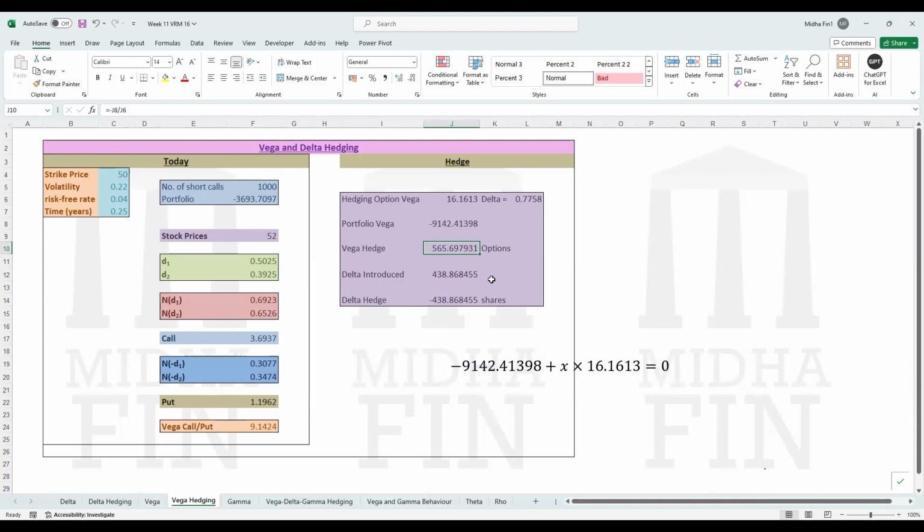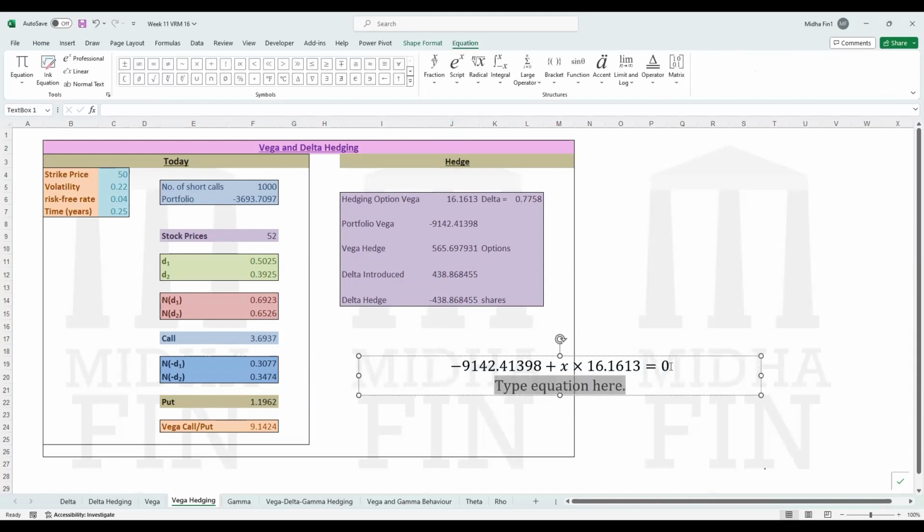Now the moment I go long in the hedging option, it has one more repercussion. I add delta. One option had a delta of 0.7758. I have taken into account 566 options, so this is my new delta introduced. Here you see it is written, delta introduced 438.86.